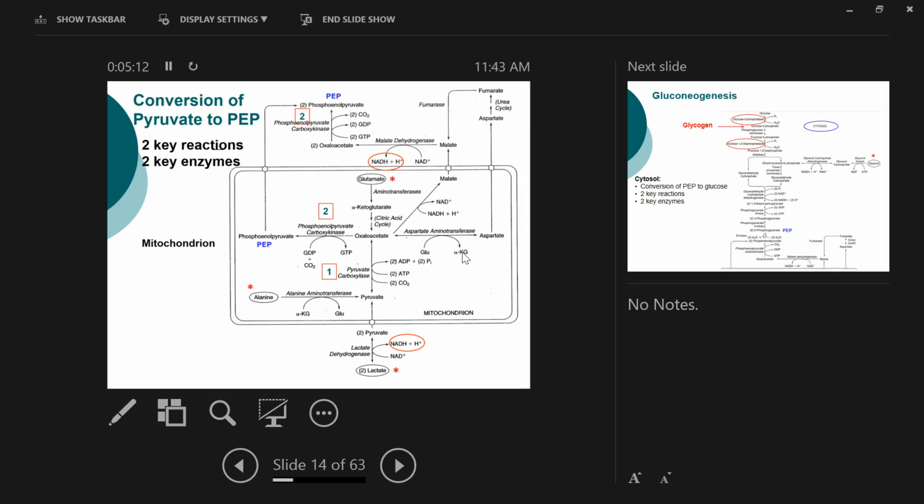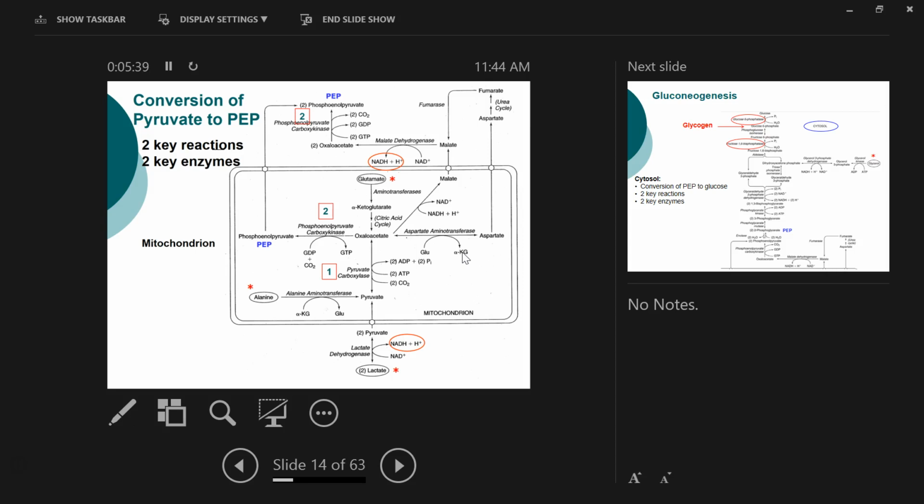And the other thing is that gluconeogenesis from glutamate also involves the TCA cycle. Glutamate, if you still remember, can be converted to alpha ketoglutarate, which is a key intermediate in the TCA cycle I mentioned, and I asked you to remember.